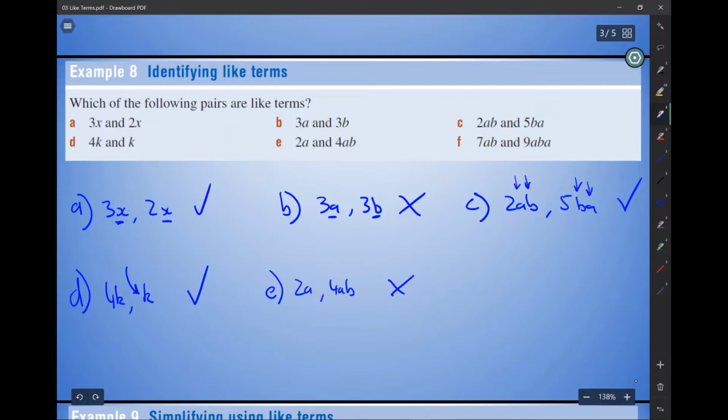These ones are not like terms. There is a b here in the second term that does not exist in the first. They are not like terms. And last one, 7ab and 9aba. Again, these aren't like terms because this term has a second a that is not present here.